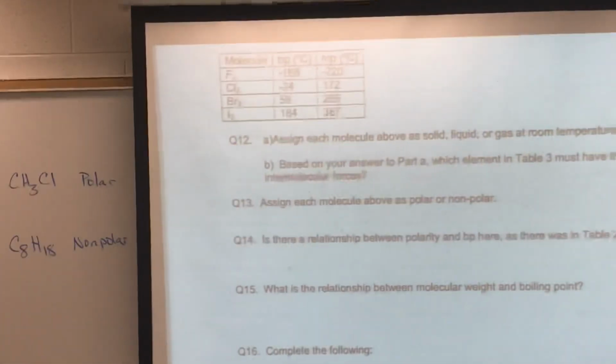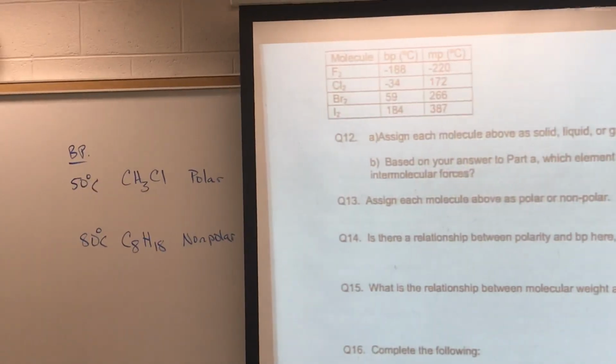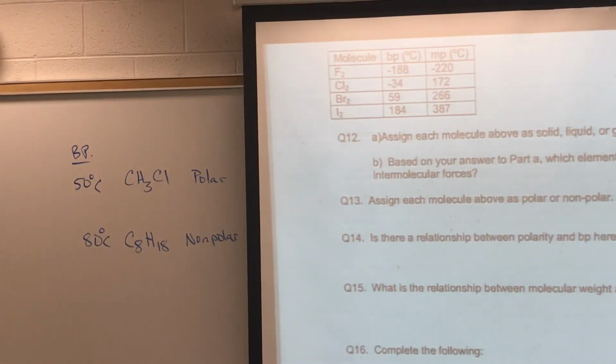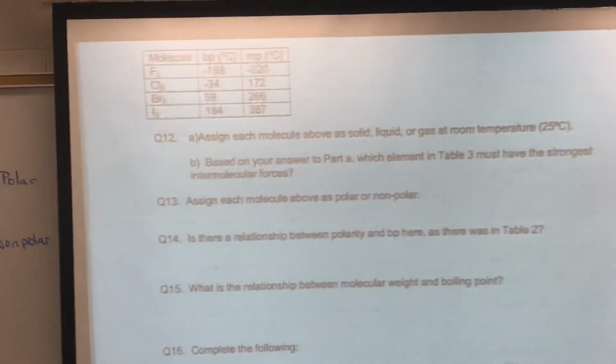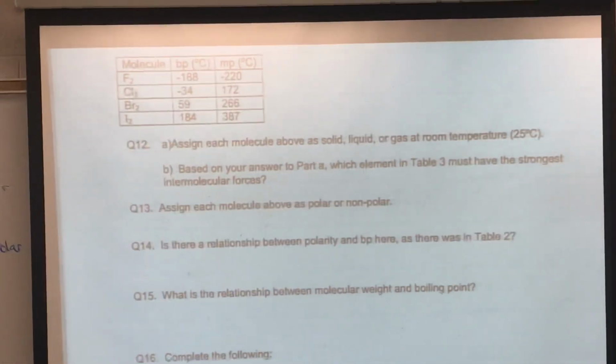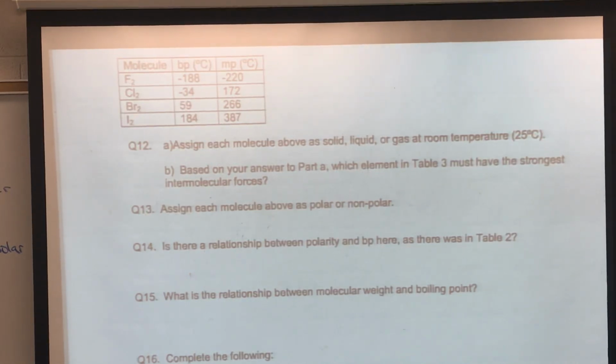So what I'm saying is if we have those two molecules, then you look at the boiling point, whichever one has the higher boiling point. Even though the top one's polar, the bottom one has a higher boiling point, so its London forces are going to be greater than the combined dipole-dipole and hydrogen bonds. So that's very, very important. That is something that I would bet a nickel they're going to ask.